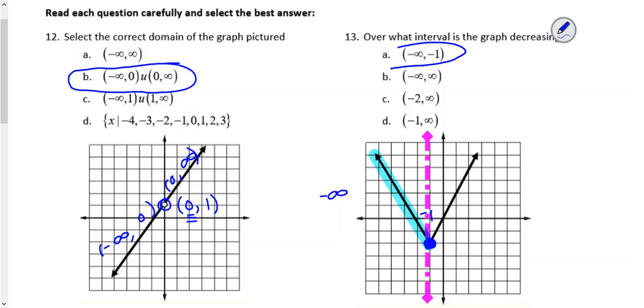So between negative infinity and negative 1, we are decreasing. We are increasing from negative 1 to positive infinity. So choice D, that would be your increasing interval.